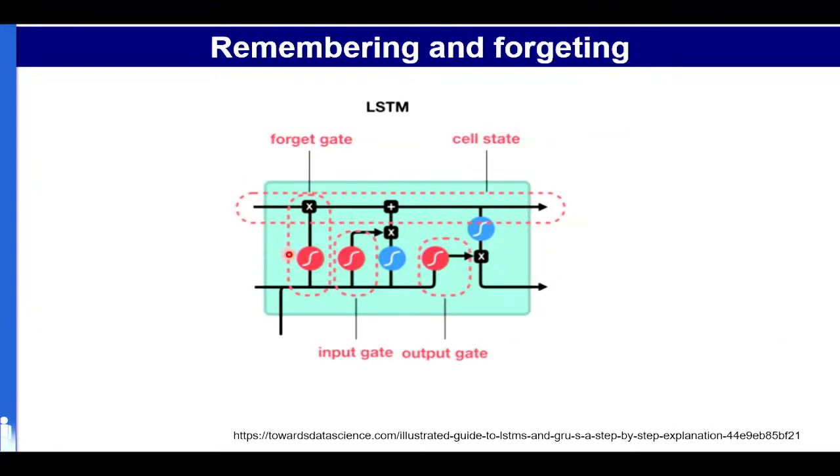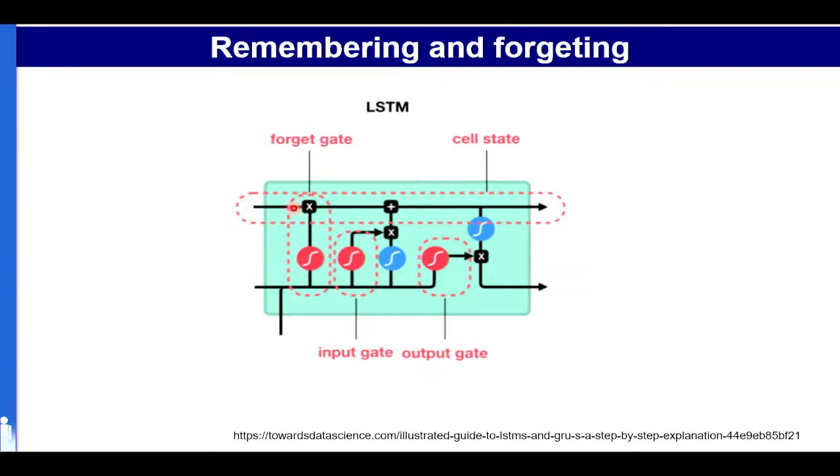I'll briefly tell you about one of them, which is LSTM, which has this kind of structure over here. It's a little bit more complicated than the vanilla recurrent neural network.